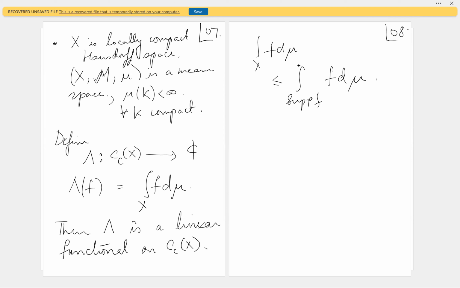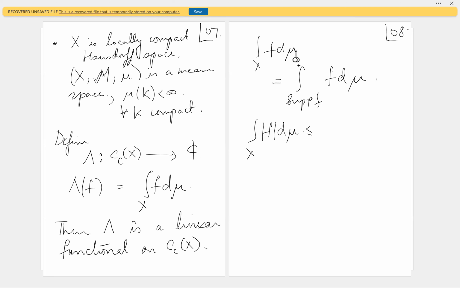Everywhere else, outside the support of f, its integral is 0. And what is this?